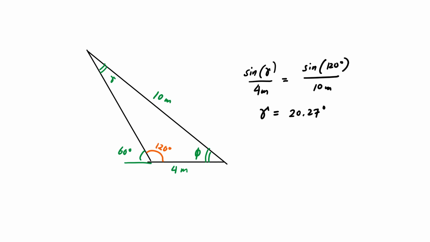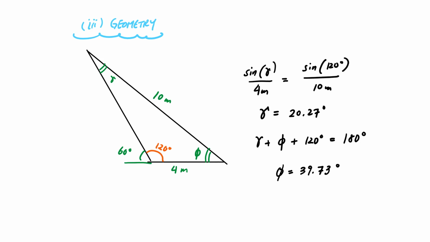Then gamma plus phi plus 120 should equal 180 degrees, which makes phi 60 minus 20.27, so phi is 39.73 degrees. I would probably call this step 3. It's always working out some geometry.